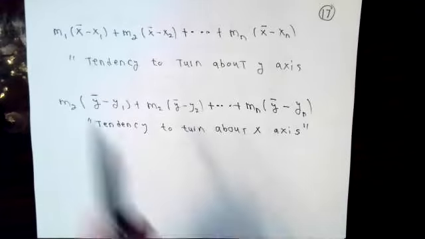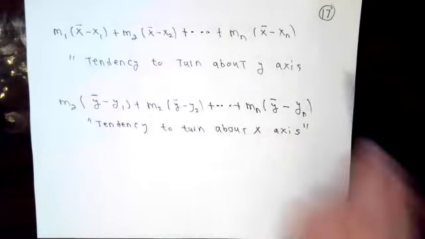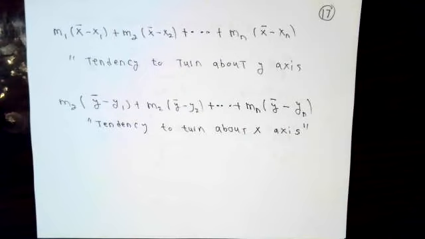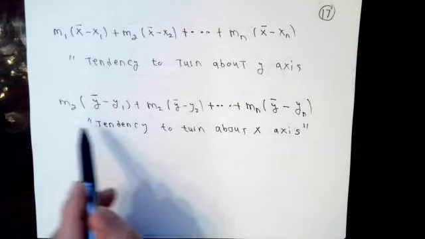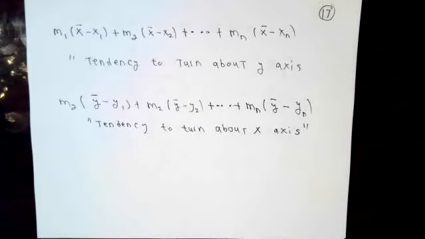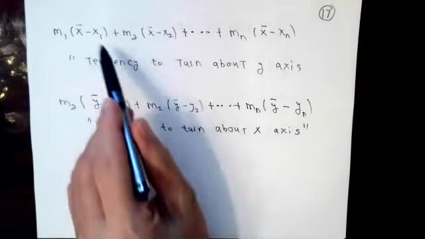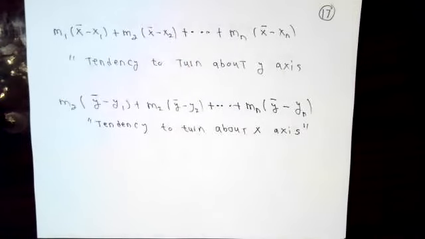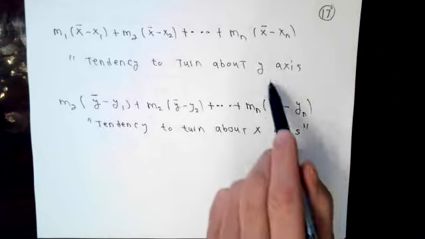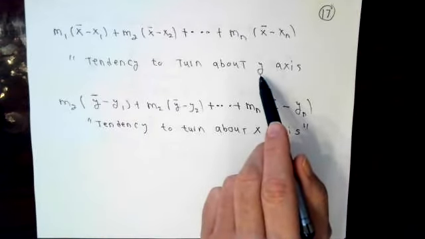So if I calculate this quantity, this is the tendency of my system to rotate about the y-axis. If I calculate this quantity, this is the tendency of my system to rotate about the x-axis, keeping in mind that these x-coordinates are, at least up to a sign, how far out from the y-axis I am.